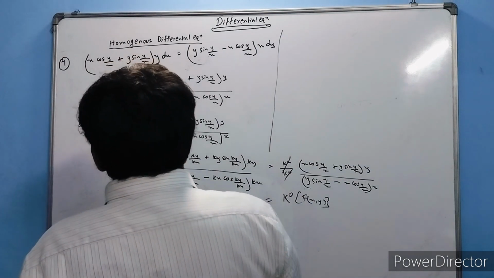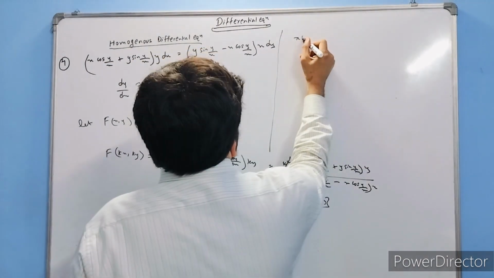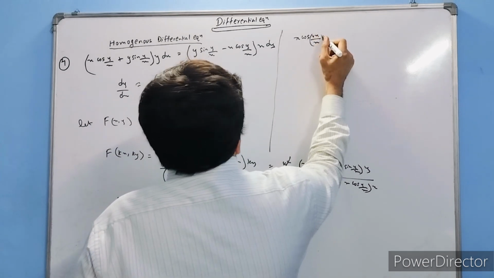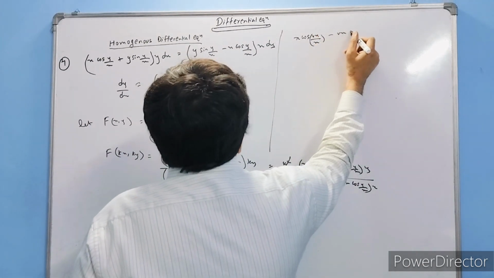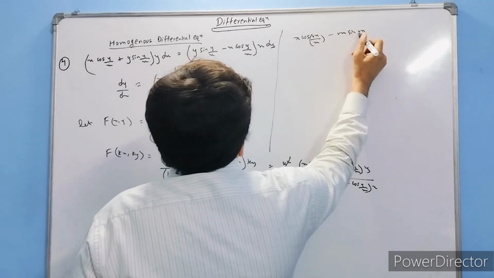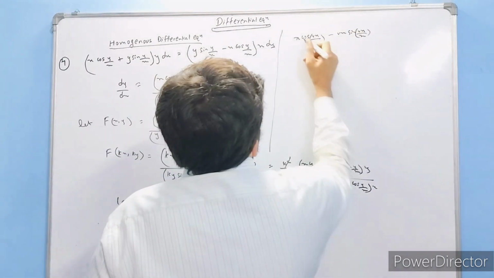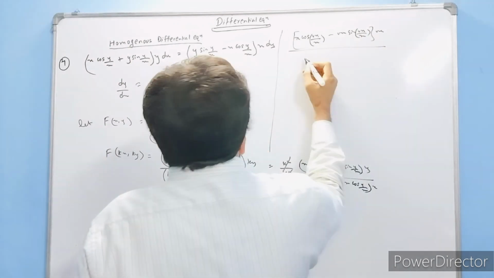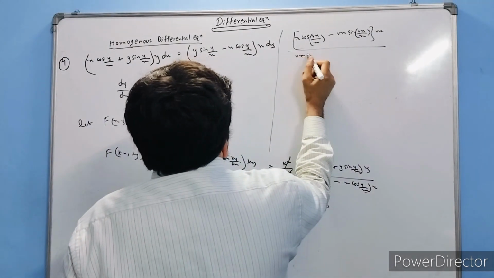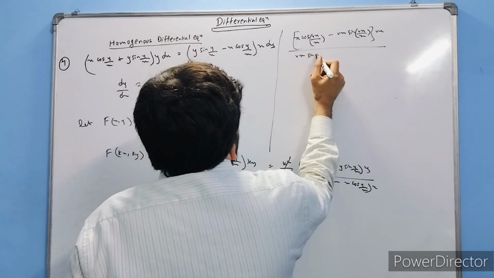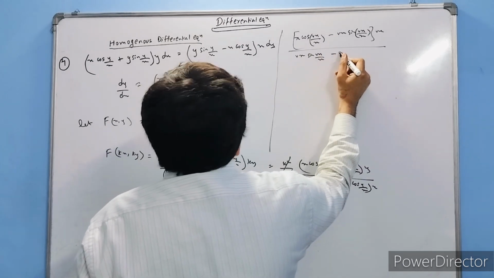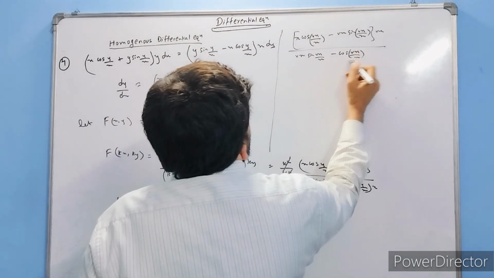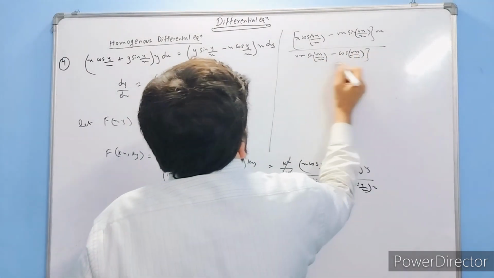What we have is x cos(vx/x) + vx sin(vx/x), times vx, upon vx sin(vx/x) - x cos(vx/x), whole times x.